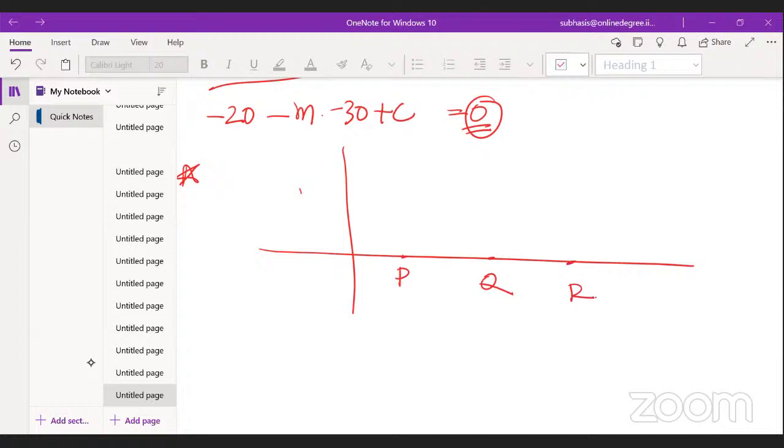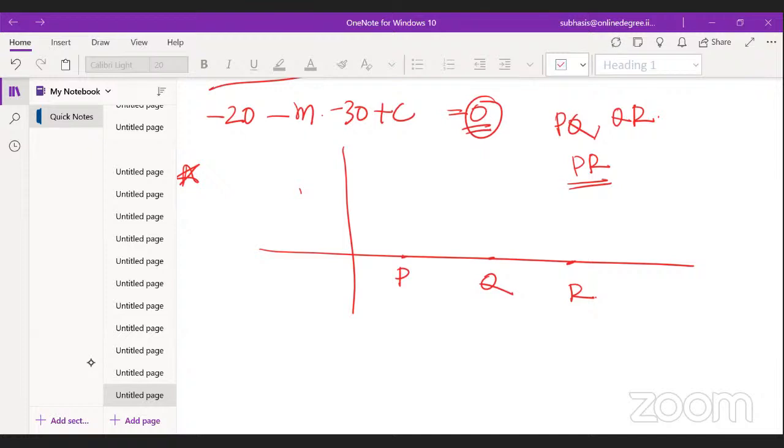You calculate PQ, QR and PR. So what is your next step? What do you want to do with PQ, QR and PR? Oh, I have assumed that PQR are in order.